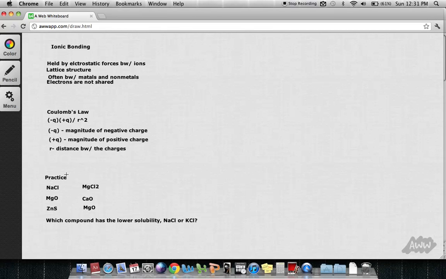For NaCl you will have a positive magnitude of 1 for Na and a negative magnitude of 1 for Cl, which would equal 1. And then for MgCl2, Mg will have a positive magnitude of 2, and then a Cl negative magnitude of 1, which would equal 2.